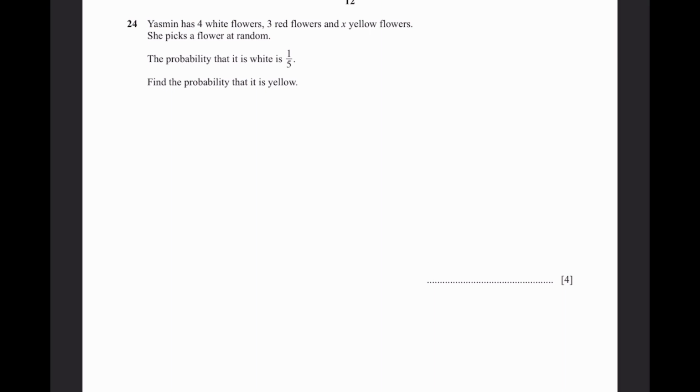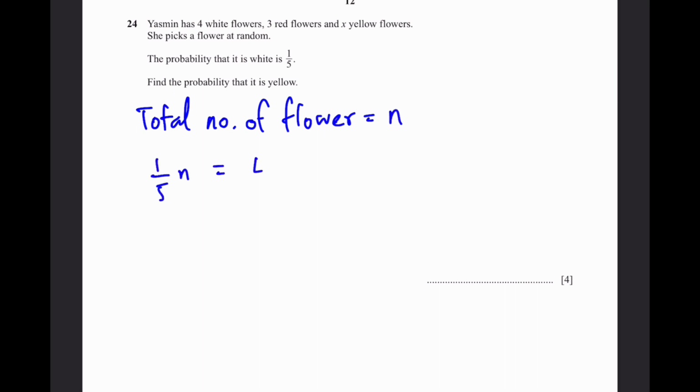So let's take the total number of flowers as n. So 1 by 5 n equals 4, because 4 white flowers and 1 by 5 is the probability. n is equal to 4 into 5 by 1 because it's inverted, and that's equal to 20.